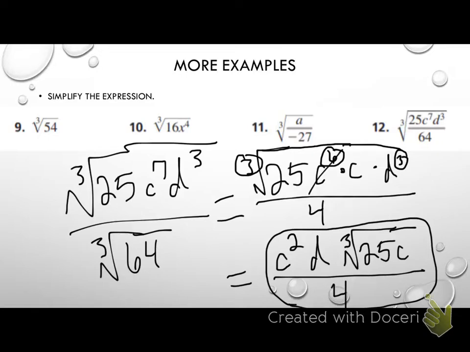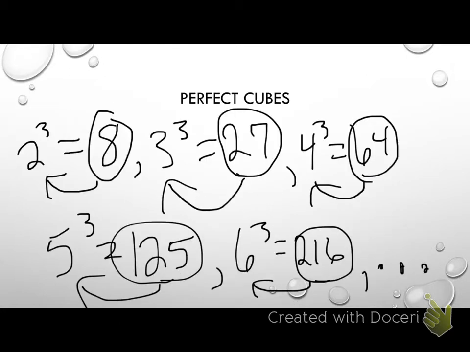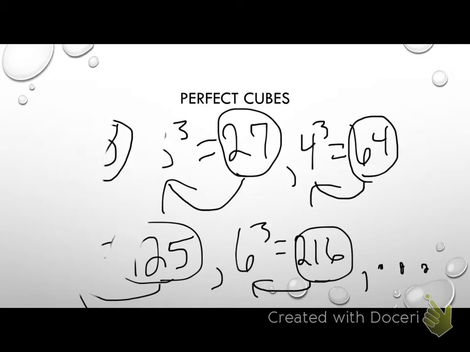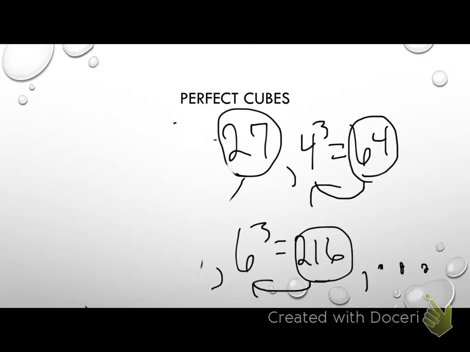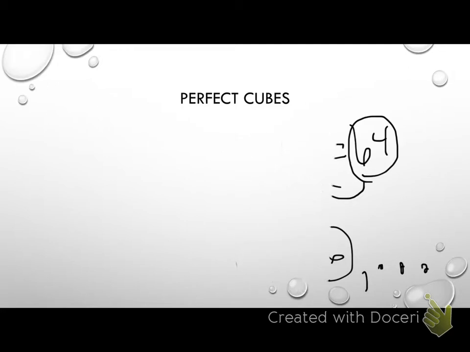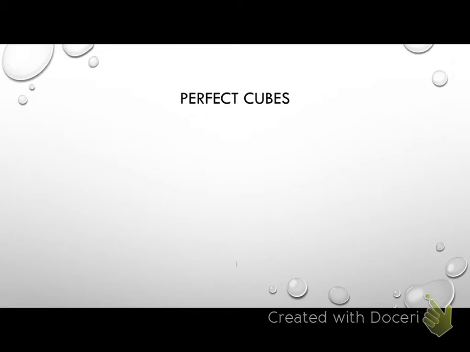So that's us simplifying our cube roots. It'd be the same concept for finding the 4th root of something. Let me erase these perfect cubes. So say I wanted you to find the 4th root of something, you would find the biggest perfect 4th root that goes into our radicand.